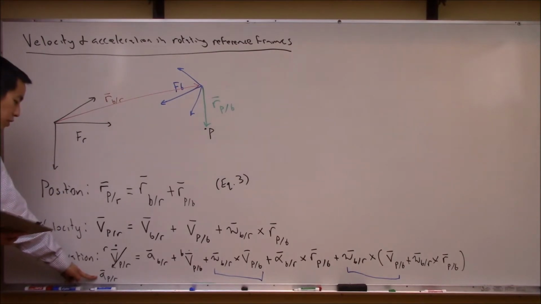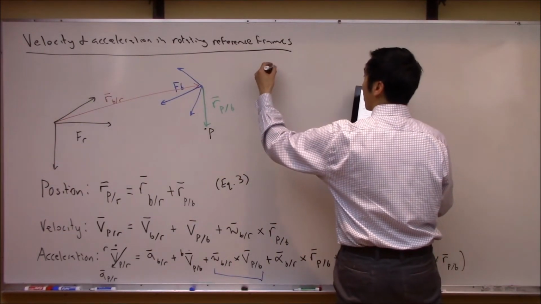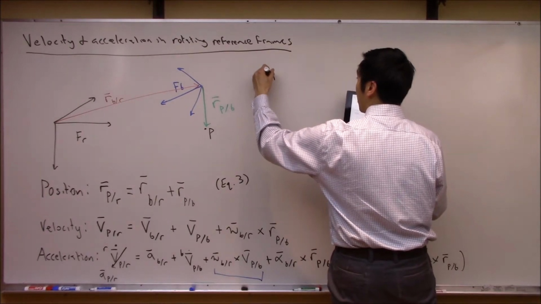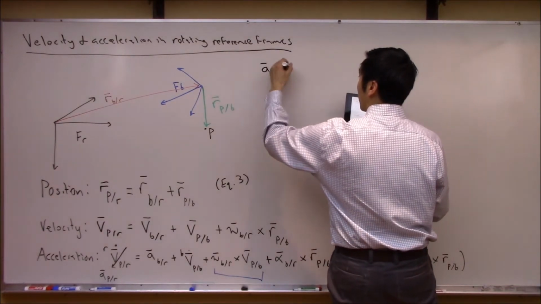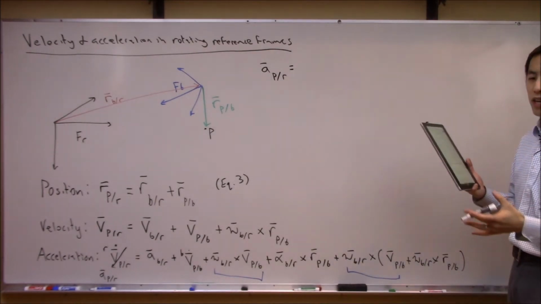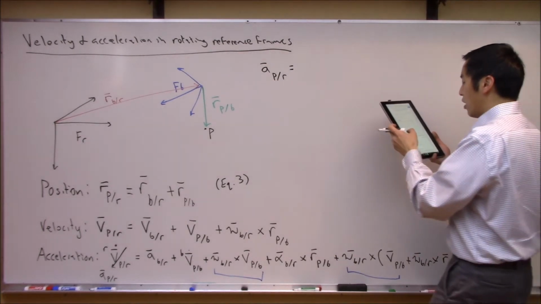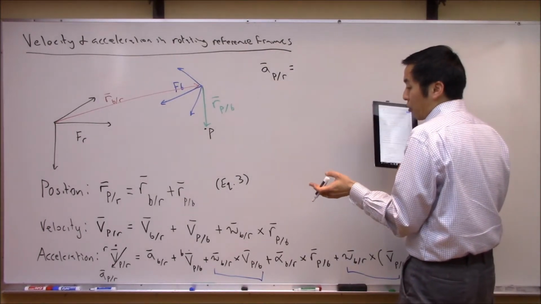If nothing were rotating, this is the normal acceleration you would expect. So I want a_P with respect to R equal to something. The fact that the body frame is rotating makes our lives a lot more complicated, but also a lot more interesting and rich.